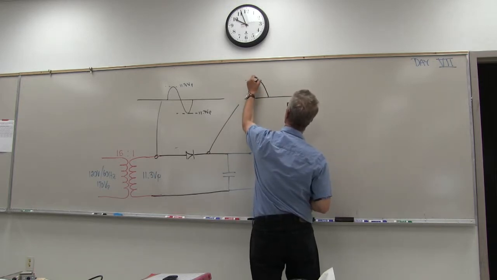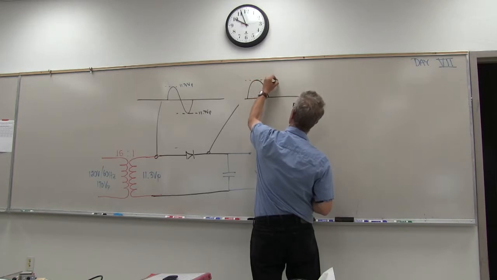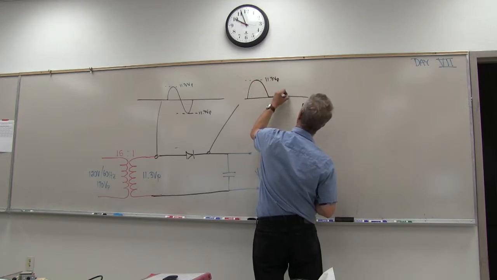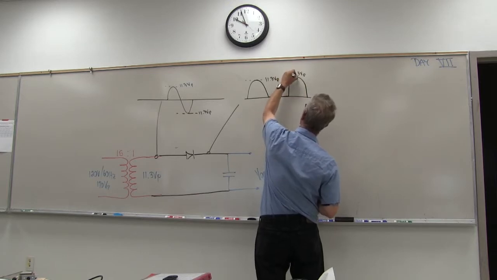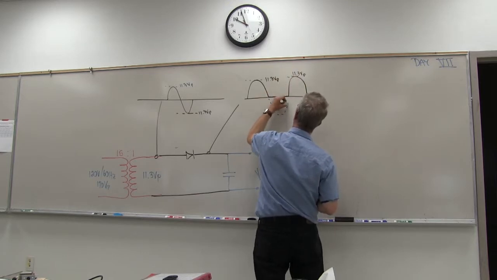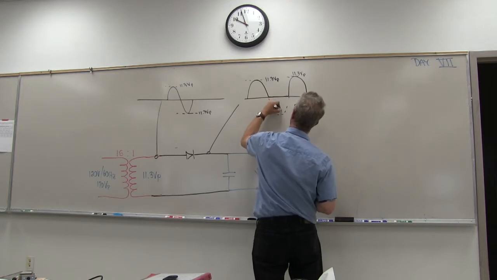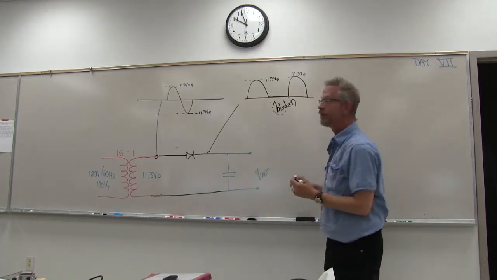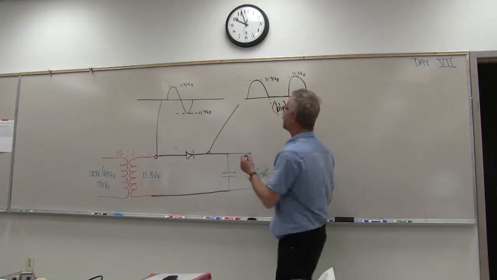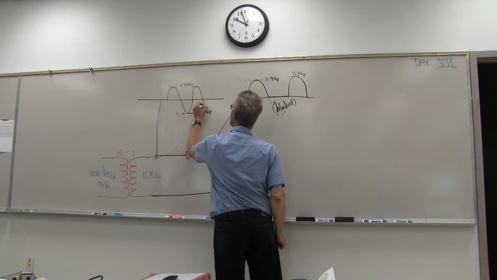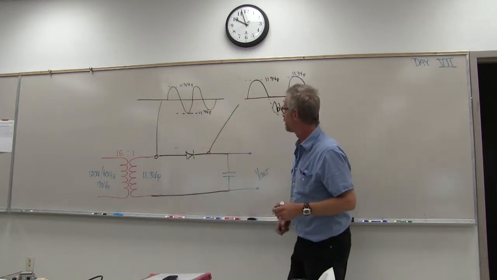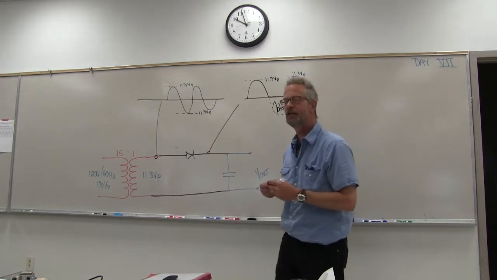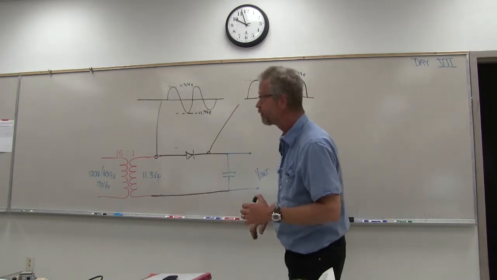Takes only the top portion. This is blocked by the diode. So the only thing it can get through, I'll put another loop here just to indicate what we've got. All the bottom ones get blocked because that requires the current flow in the other direction. The diode only allows it to flow in one direction, right?